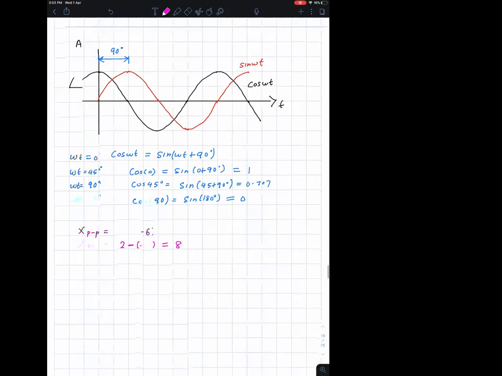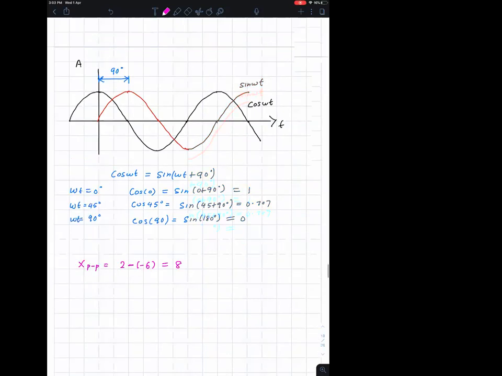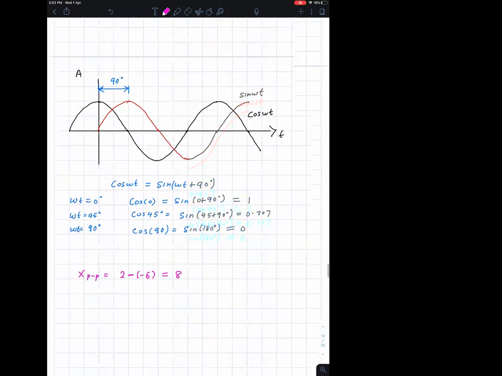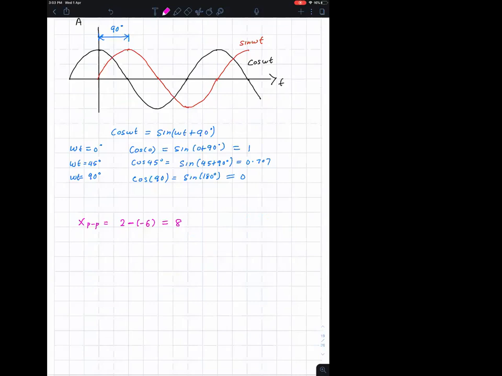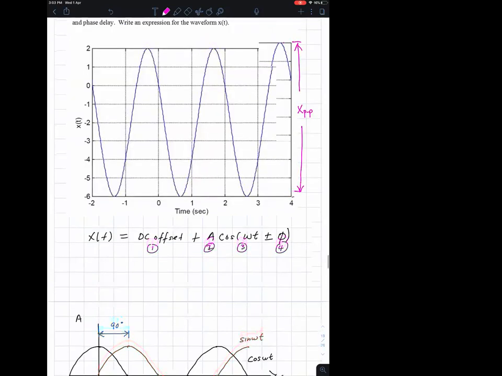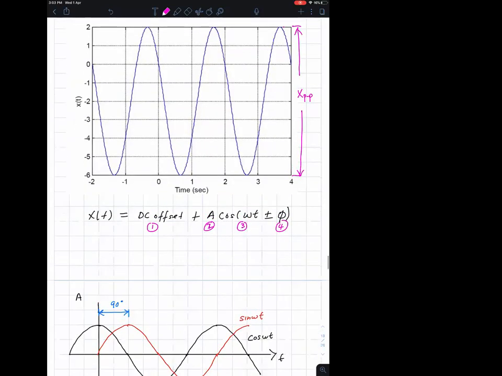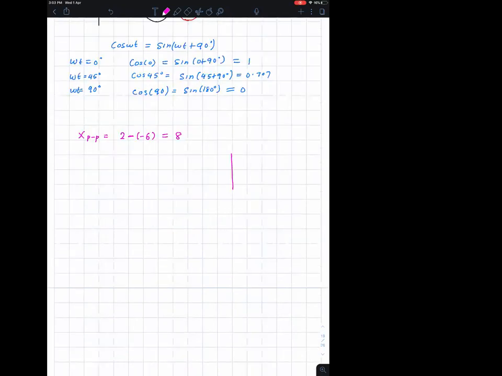So then what is the value? You have a wave here from peak to peak, the value is 8. Then from zero to peak, we call this just XP, 0 to peak.